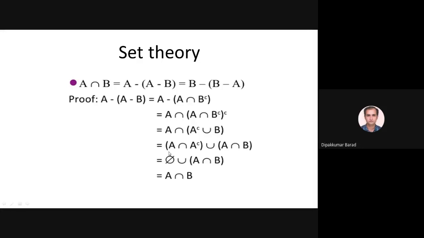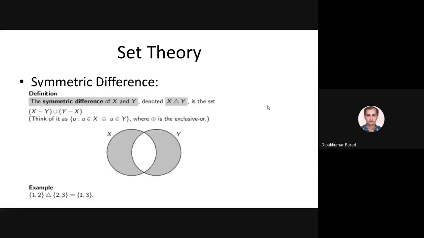Then if we apply the distributive property, A intersection A complement union A intersection B, but A intersection A complement is the empty set. So the empty set union A intersection B is A intersection B. So ultimately I get A intersection B. In a similar manner, you can do B minus A, which is also A intersection B.